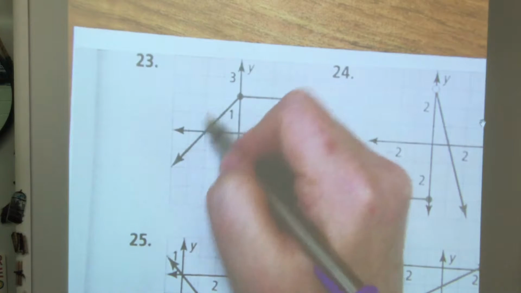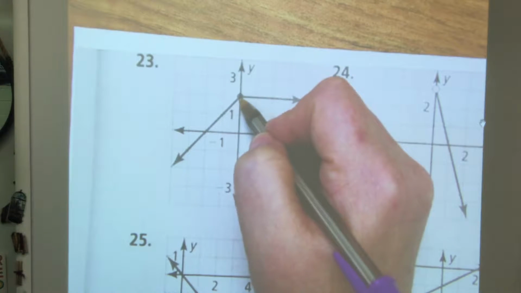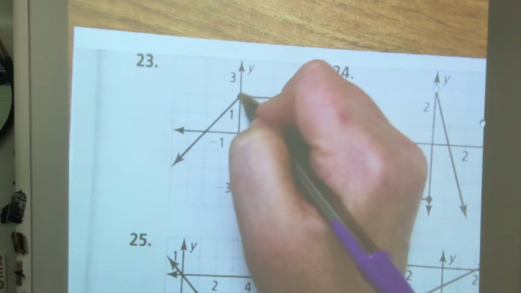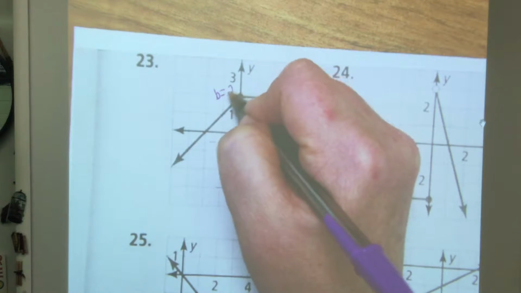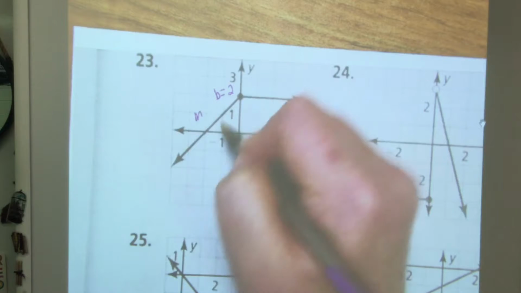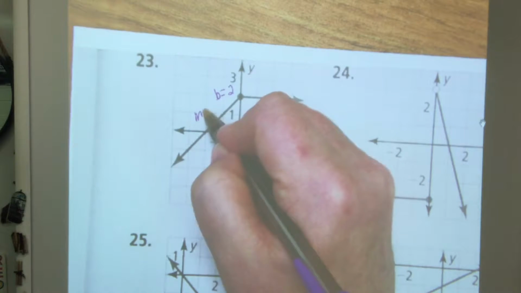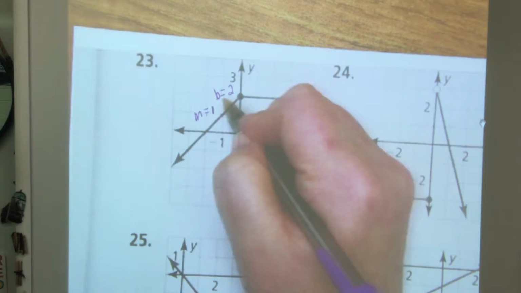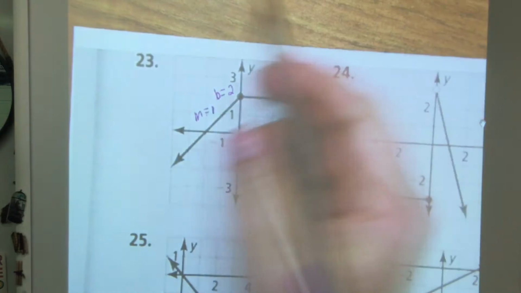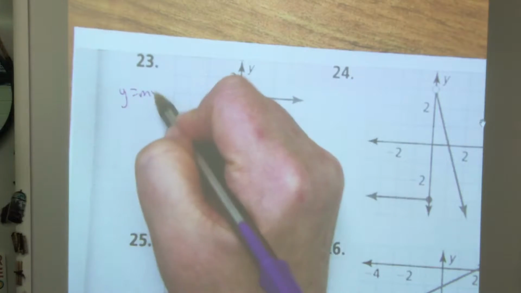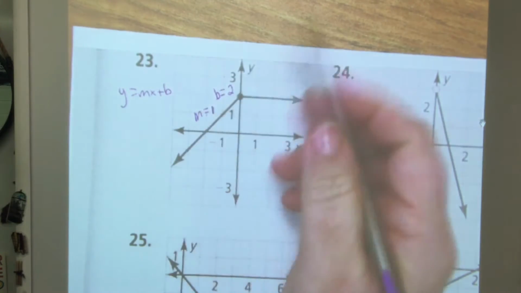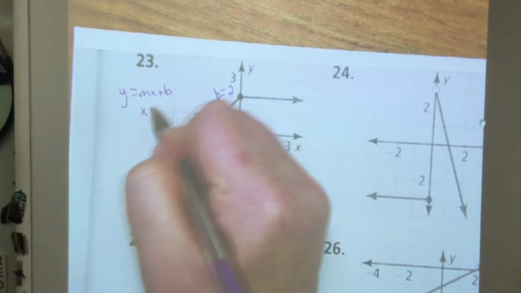I'm going to do this one first, and it has b equals 2, and m, the slope, is up 1 over 1, so it equals 1. And we have y equals mx plus b, so my first equation would be x plus 2.